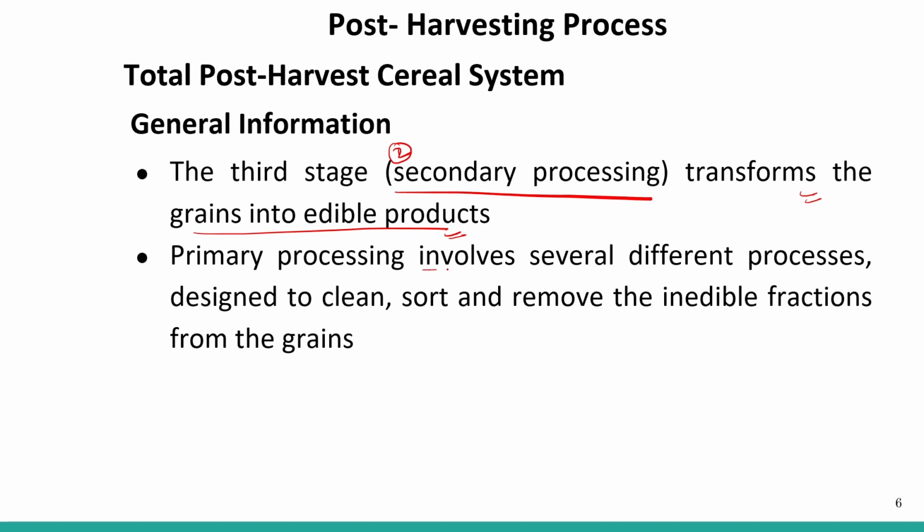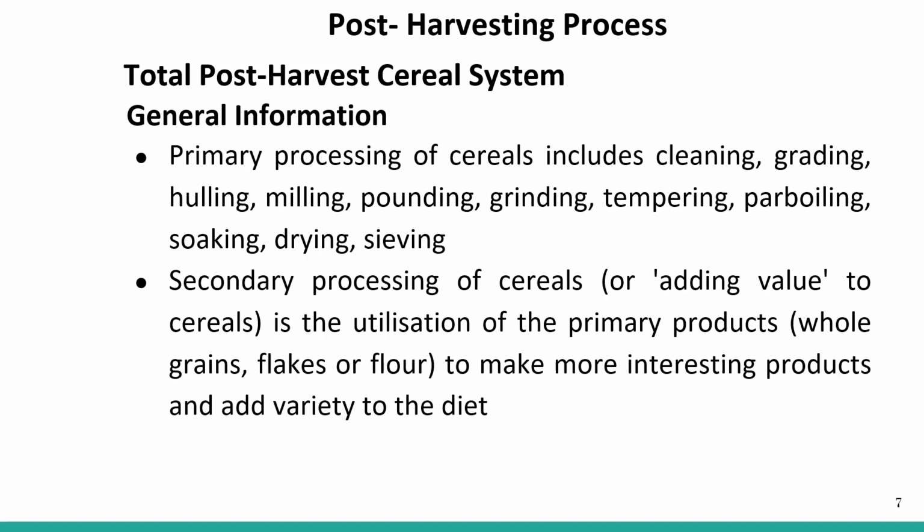The primary processing involves several different processes designed to clean, sort and remove the inedible fractions from the grain. This is what we do in primary processing: remove all the undesirable, non-edible things from the mixture of seeds.